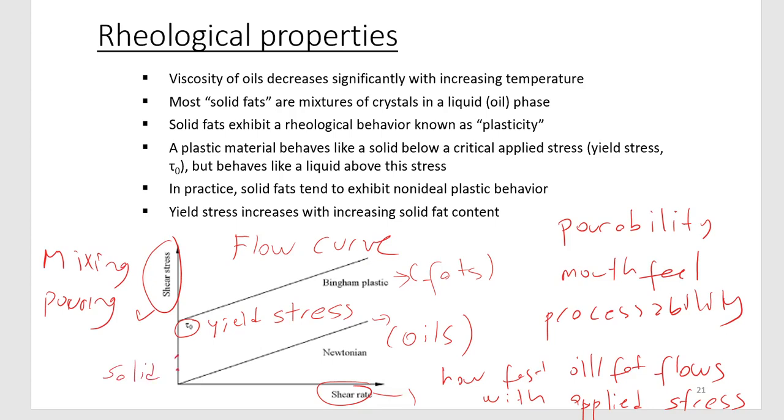Here solid again. And it reaches the yield stress. So when the stress is above the yield stress value, then they exhibit free flowing, like a liquid nature. So here it acts like a liquid above yield stress value.